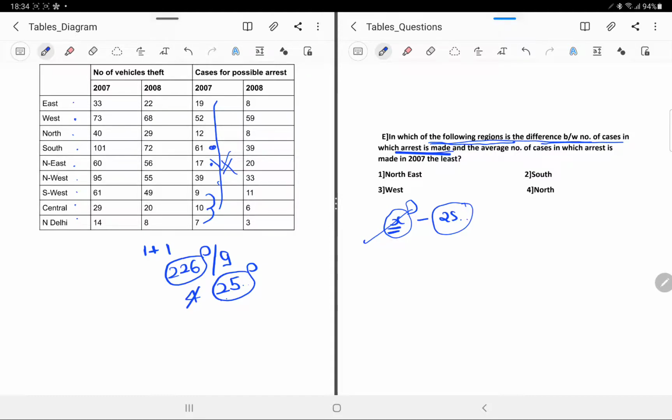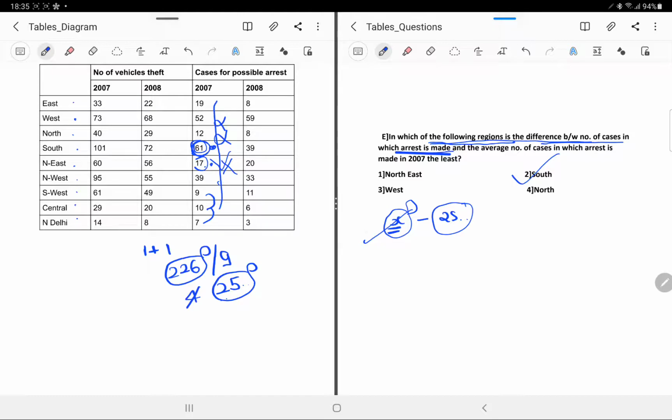So let's start with the Northeast. Northeast is the highest, so as of now our answer is 17. Next, South. Since South is greater, our answer is now South. Now West. West is 52, so our answer still is South. Then North. North is 12. So our answer is still South, and the answer to this would be South.